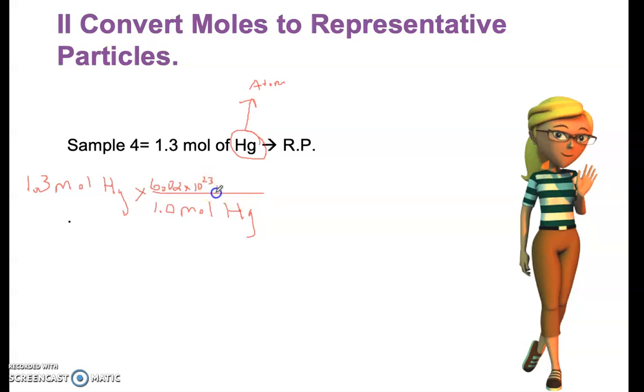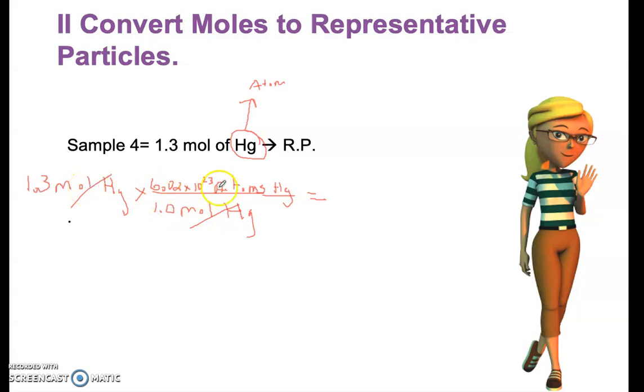Okay, and we're going to put atoms here, Hg. Okay. So 1.3 mole Hg cancels mole, and 1.3 times Avogadro's number divided by 1.